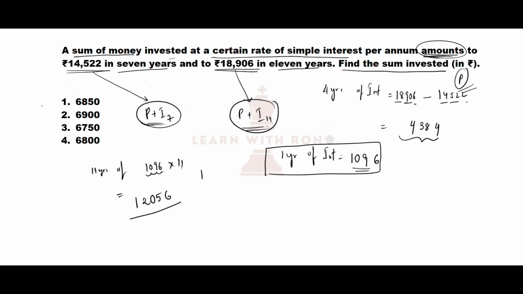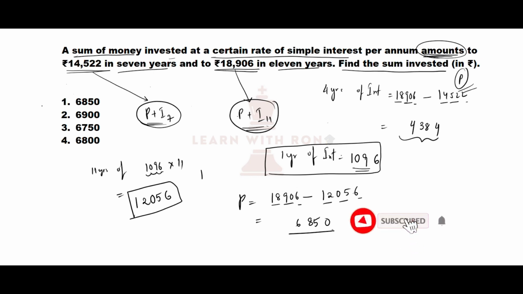So 11 years of interest is 12056. So principal is nothing but 18906 minus 12056, which is 6 minus 6 is 0, 90 minus 5 is 85, 18 minus 12 is 6, which is 6850, which is option number 1 here.